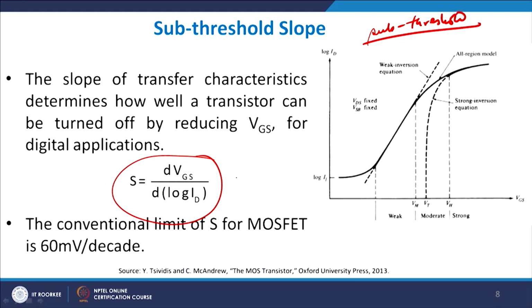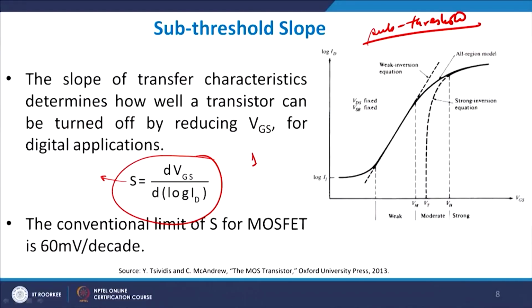In that case, we define a term known as S, also known as subthreshold slope, as the amount of gate voltage required to change the drain current by at least 1 decade. Let us suppose your threshold voltage was 1 volt.